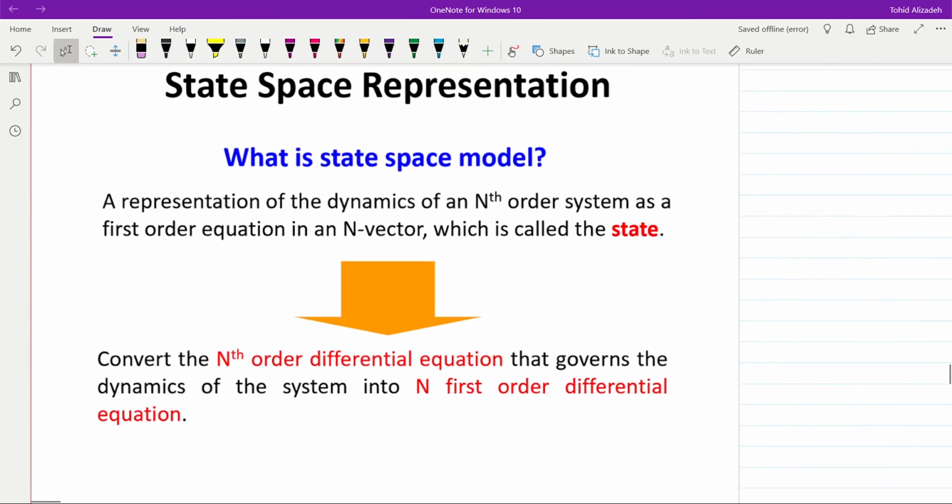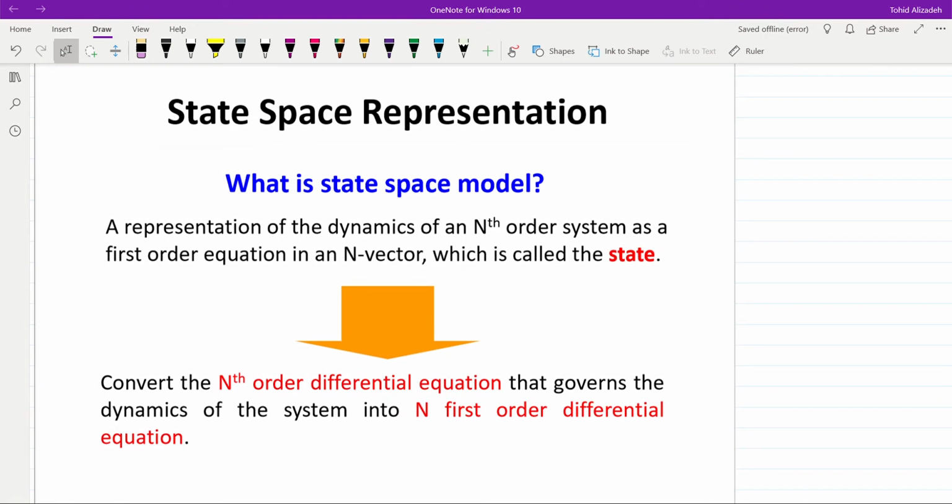So first of all, you should know from the previous course that the state space model is a representation of the dynamics of an nth order system, which could have multiple inputs and multiple outputs, as a first order equation in an n vector, which is called the state.